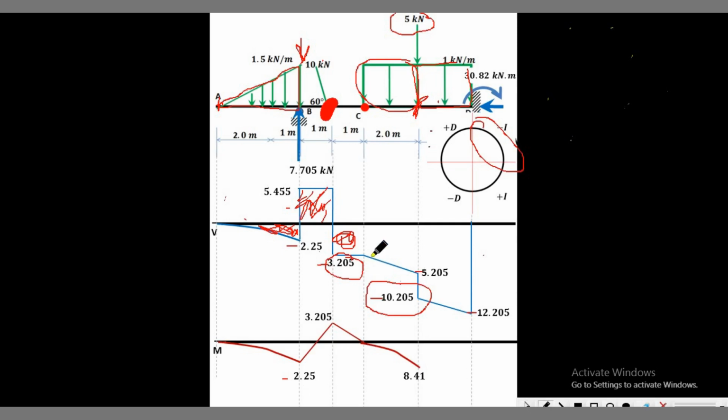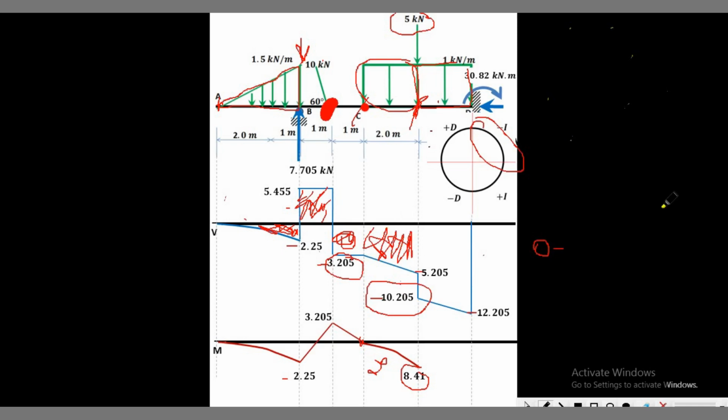Then, from this point, from C hanggang dito, this is a 2-degree curve. Paano ko nakuha si 8.41? Diba nag-end ako kay 0? Then, itong trapezoid na to, nasa baba siya. So, minus.